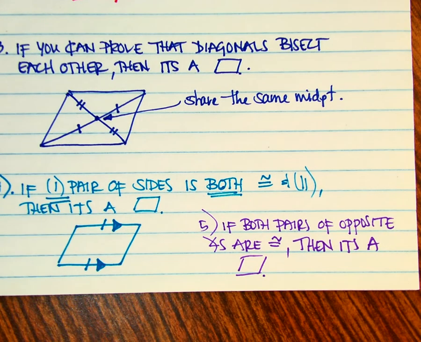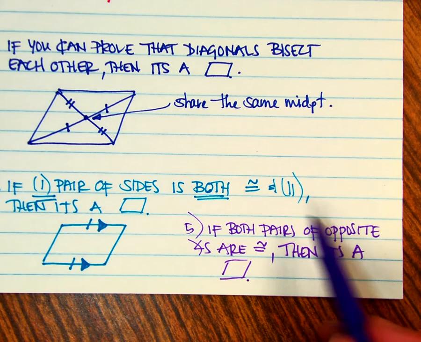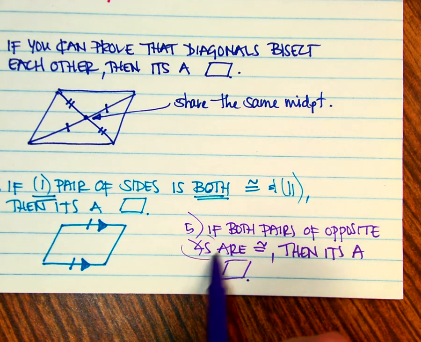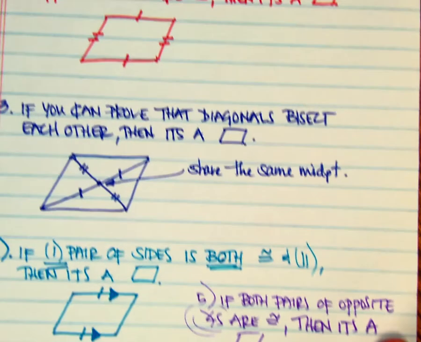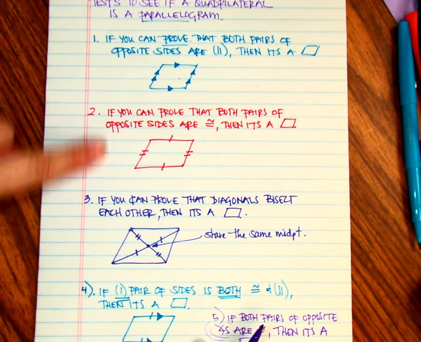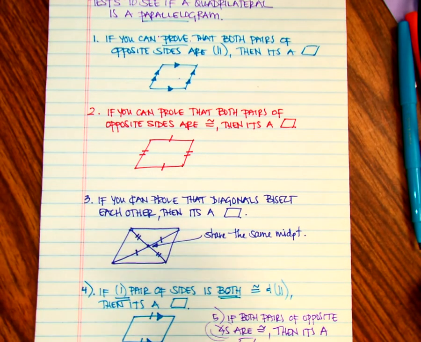Okay, so I kind of squeezed number 5 in there. But we have no way using coordinates at this point of finding angle measure. So we're going to be focusing on these 4.